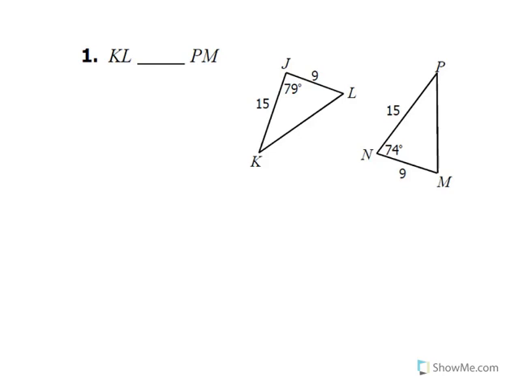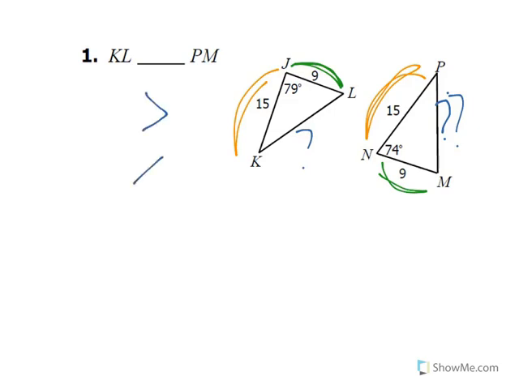So we have two sides that are congruent. We've got 9 and 9, and then 15 and 15. So we're trying to compare side KL and side PM. Which one is going to be bigger, which one's going to be smaller. So we want to use either greater than or less than.